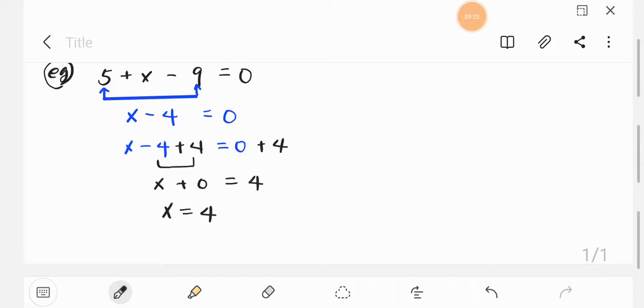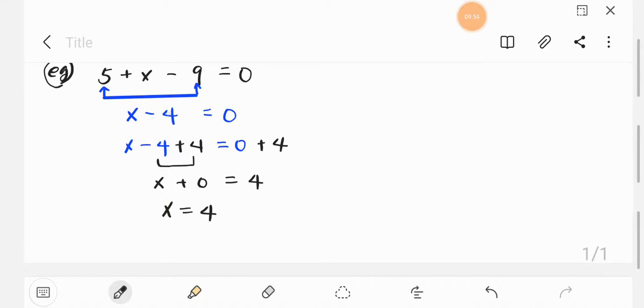So when you solve an equation like this, simplify each side and then leave the variable alone and move the others. That means get rid of the other numbers that are on the same side as the variable x. Since negative 4 is together with the variable x, get rid of minus 4 by adding 4.